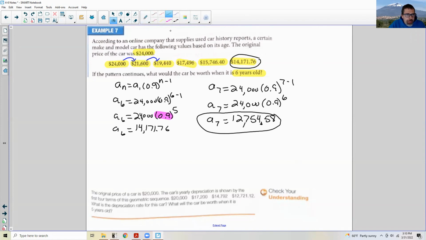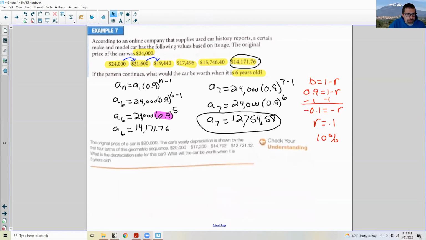So if I know that B equals 1 minus R, and B is 0.9 equals 1 minus R, and I subtract 1 from both sides, then I get negative 0.1 equals negative R, therefore R equals 0.1 or 10%. Okay, so that is the depreciation rate, 10%. That's how you find that.